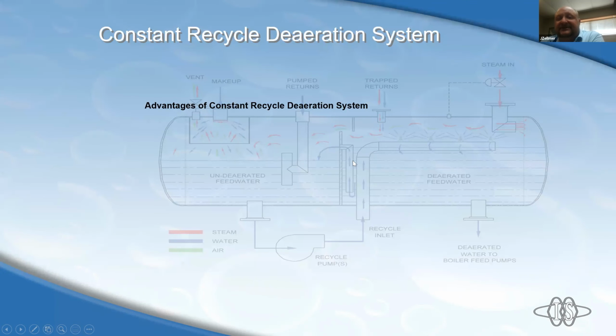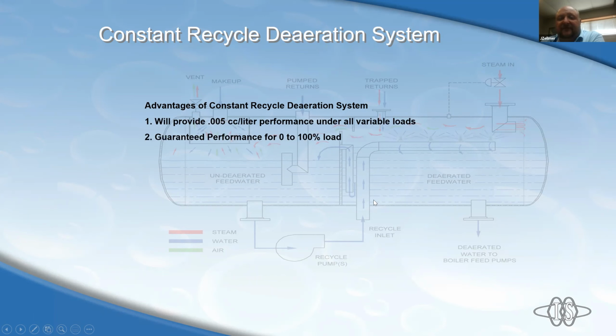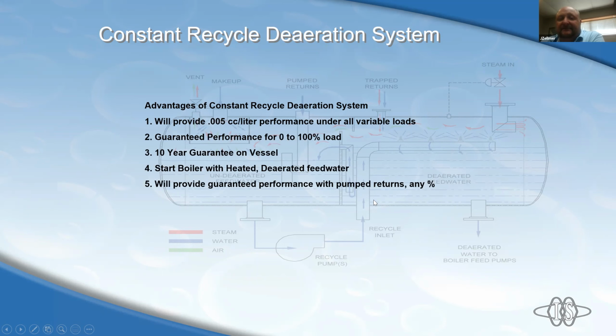A consistent recycler will provide double O through all loads, guaranteed performance, and a 10-year vessel warranty. Start the boiler with heated deaerated water, meaning that you don't have to have water flowing out of the deaerator. As long as the recycle pump's on and you get steam to it, we can start heating the water up without having to move cold water out and put new cold water in to get our temperature up.